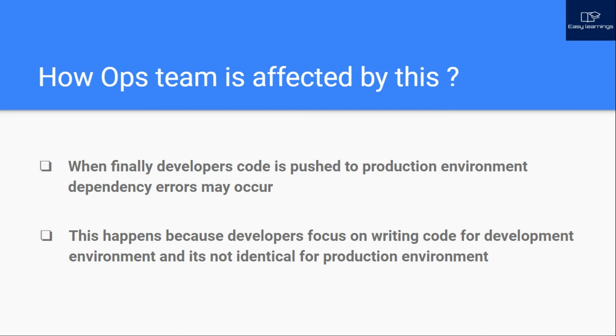Let's say a developer is developing code for some Android application and he has some dependency files and softwares that need to be installed. So he has installed some Y version, but in the production environment a few softwares are not available and a few are of X version. So the software version doesn't match and dependency files also are not there. So this causes errors in the production environment.